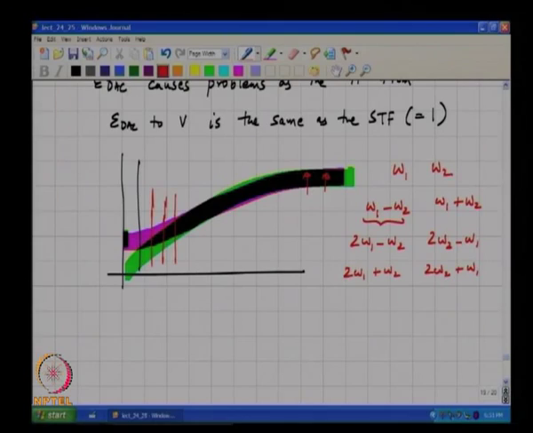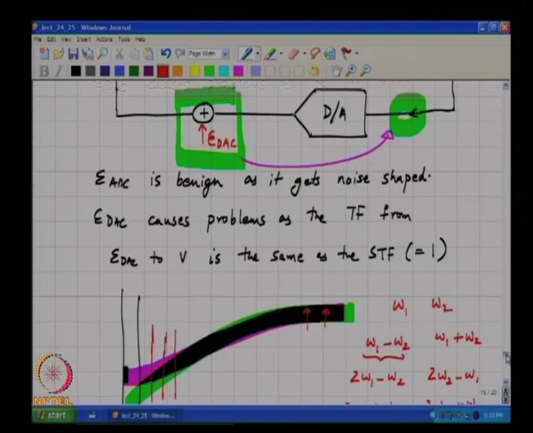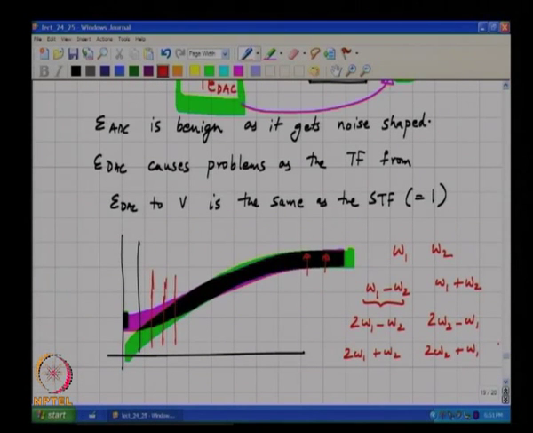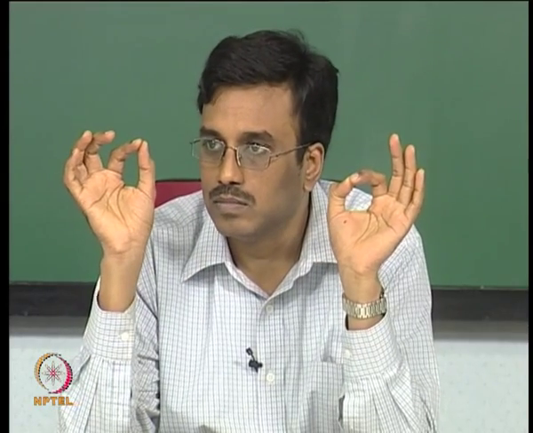Okay. So, what do you think should be done to fix this problem? The only way to fix this problem is to make sure that the DAC, even though the number of levels in the DAC are small, has those levels sitting on a perfect straight line, right.